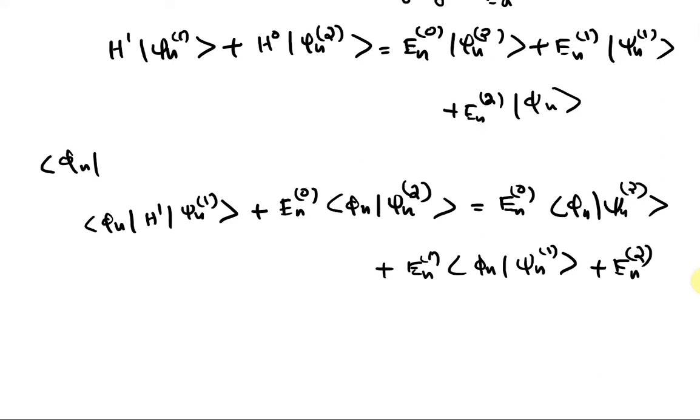And what about this quantity, phi n psi n2? We have seen already that this quantity is going to be equal to 0. There will be no correction along the particular phi n that we are taking. All that correction will be perpendicular to the phi n we are taking. So let us take phi n as some number like phi 3.